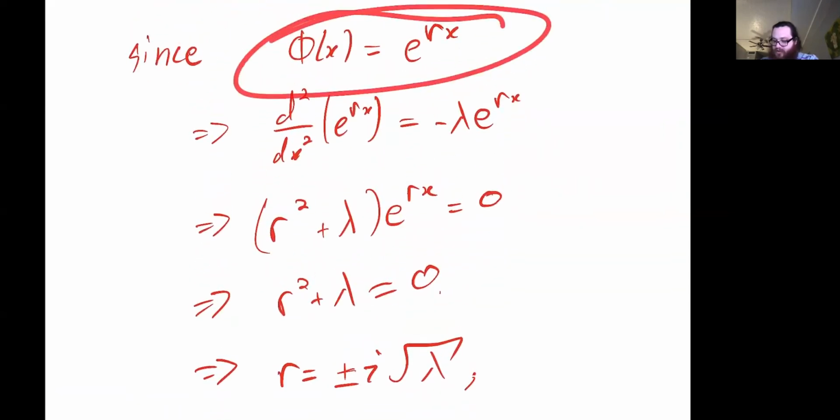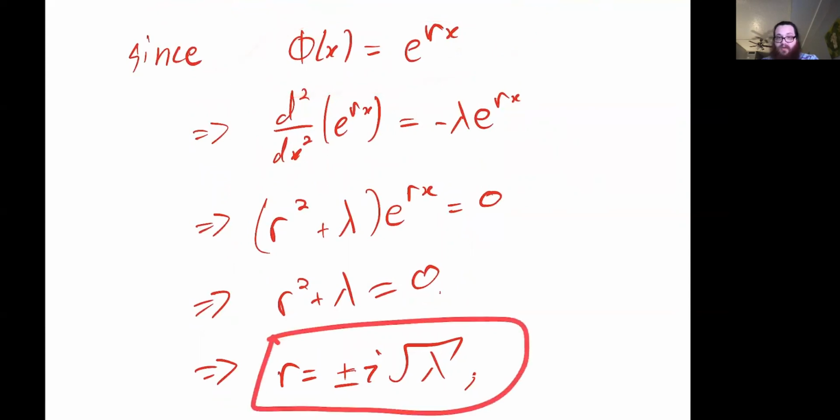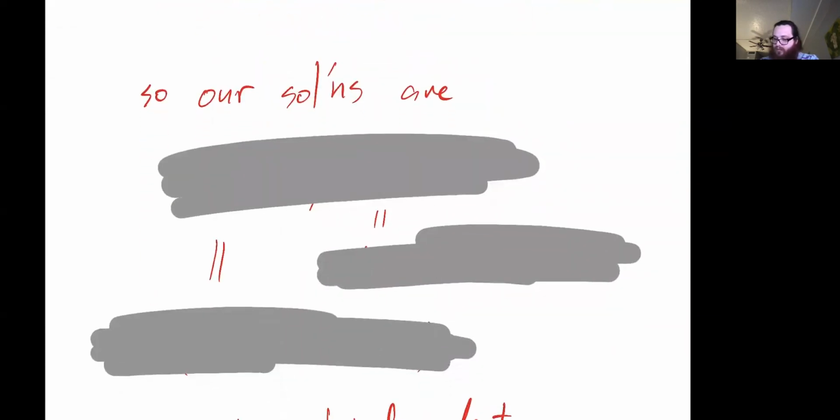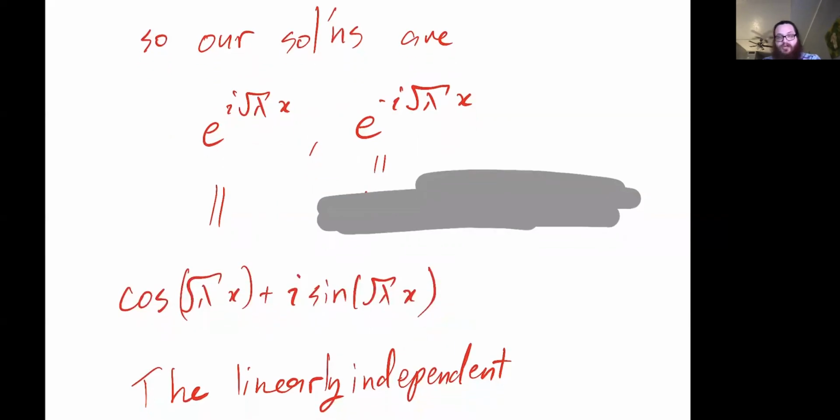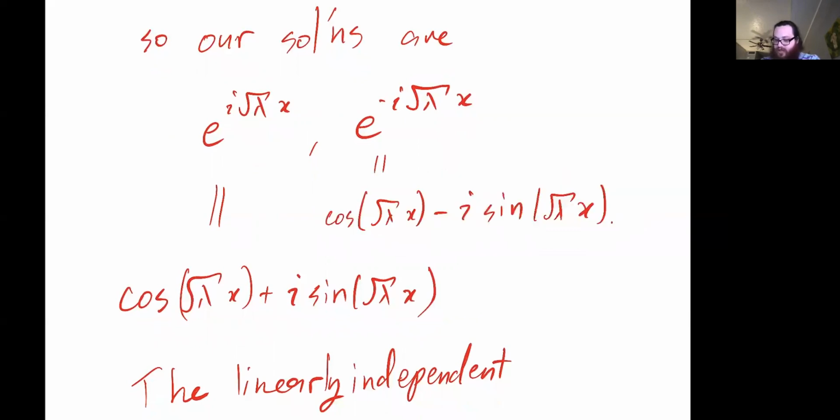So for solutions to this ODE of this form, r needs to be this. So what are the actual solutions? We have two options for each of the roots, plus or minus i times root lambda. For this one, if we use Euler's identity, we get this expression. For the other one, the only change is that we plug in minus there, minus there.